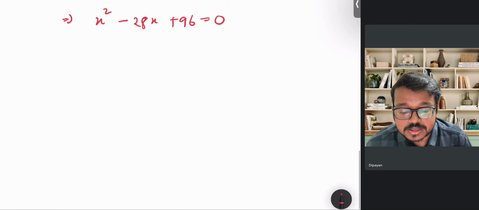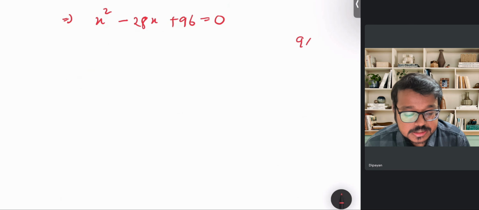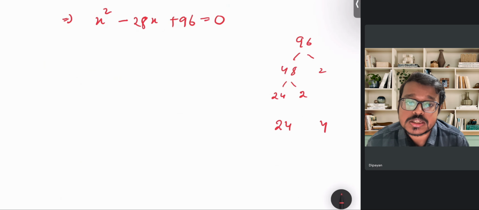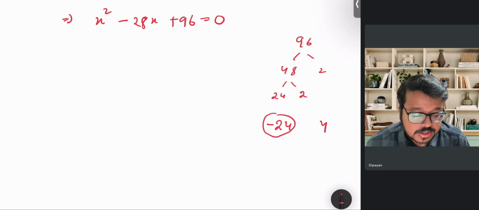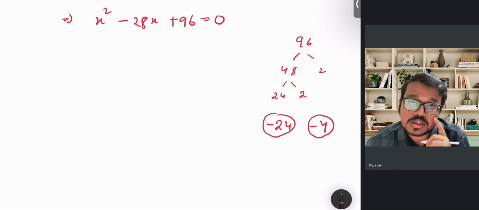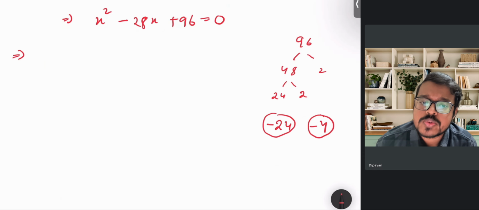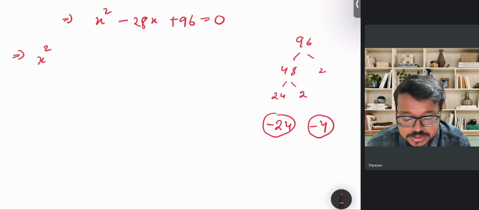If I am trying to factorize it, 96 can be broken down into 48 into 2, or 24 into 2 into 2. So if I check 24 and 4, the product is positive 96 but the sum is 28. So if I take minus 24 and minus 4, that condition is satisfied. So the middle term, minus 28x, I split as minus 24x minus 4x.